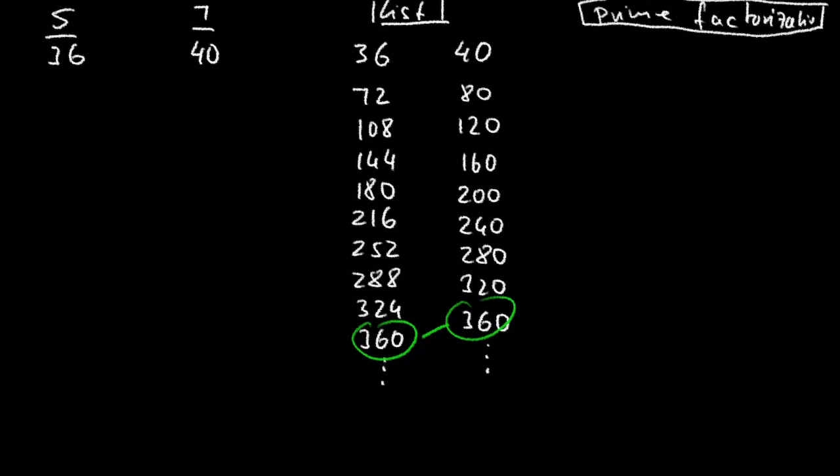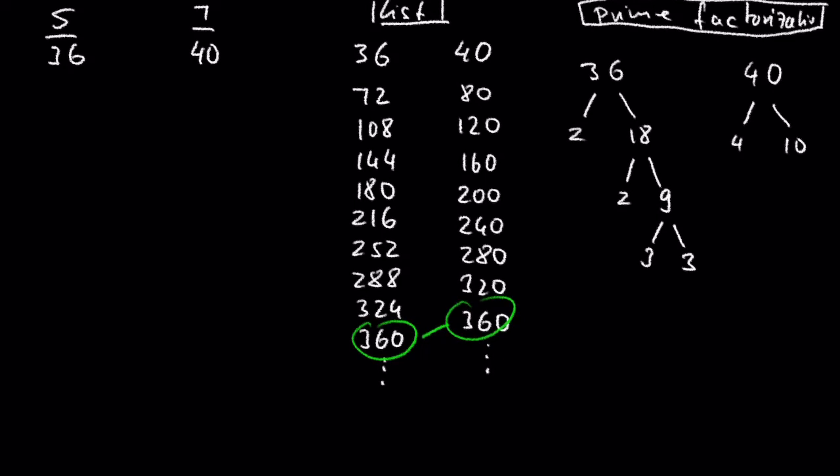When the numbers are bigger, as we see here, you can arrange your factors in a tree. 36 is 2 times 18. 18 is 2 times 9. 9 is 3 times 3. 40 is 4 times 10. 4 is 2 times 2.